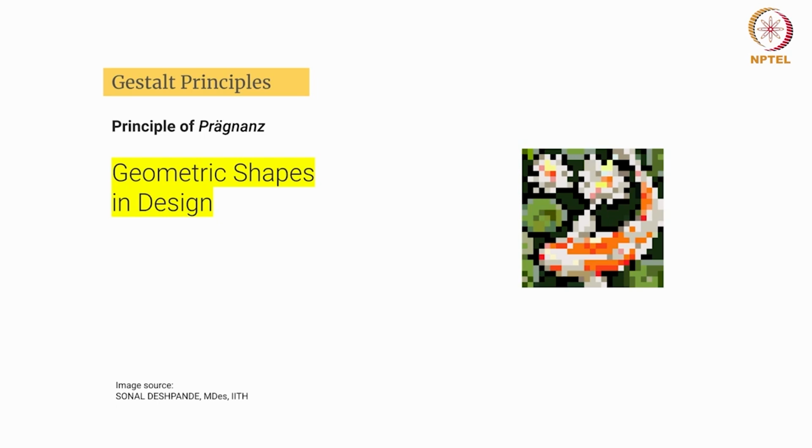The overall idea of this composition is to explore the concept of pixel art, which was given to the MDes group, and they came up with some compositions. This is one of them, done by Sonal Deshpande, MDes student of IIT Hyderabad. You can see how interestingly the overall pixel art has evolved.